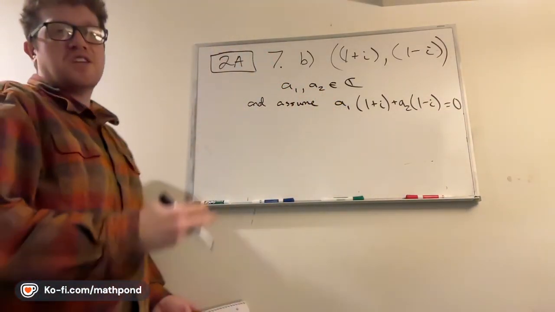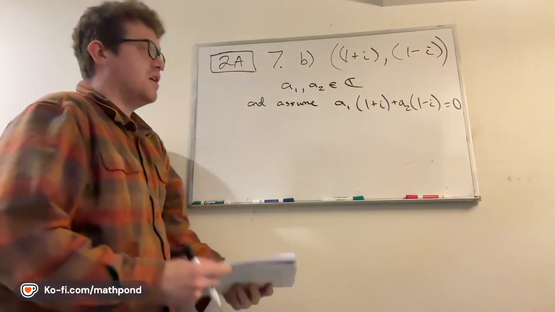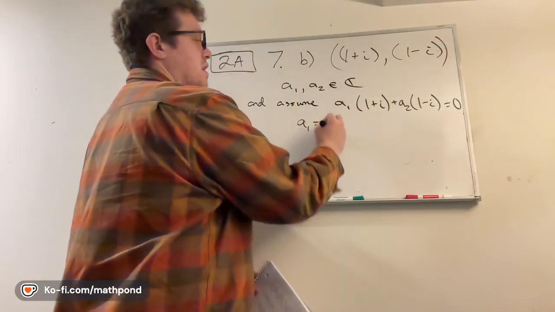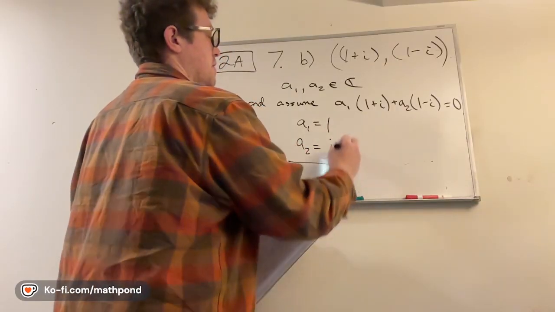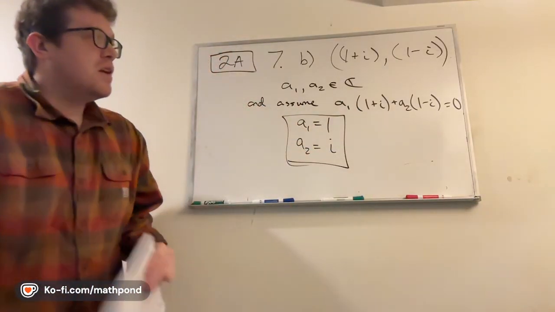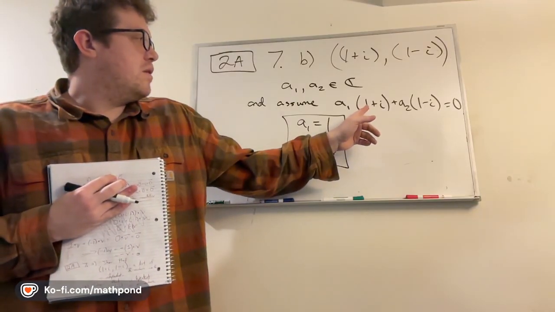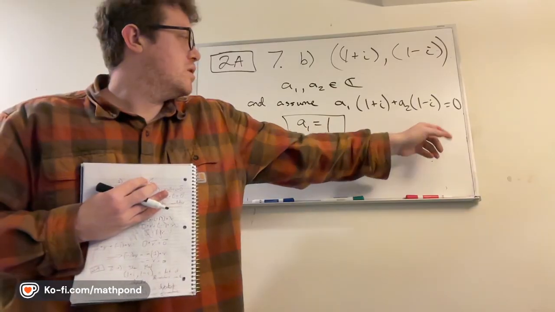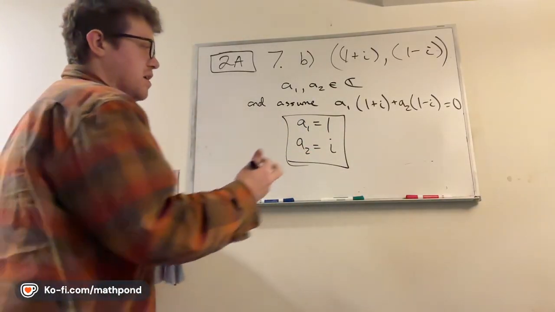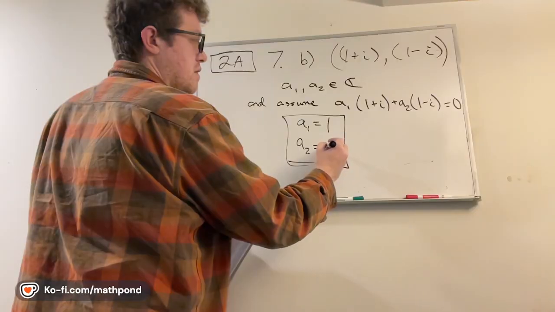Well, actually, we can just show they're dependent by picking some non-trivial linear combination which is 0, and I'll just let A1 be 1 and A2 be i. Right, then if we have 1 plus 1, or maybe I do need negative i, yeah. Negative i.